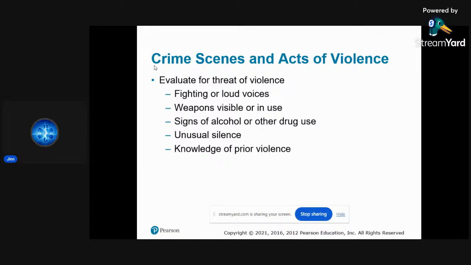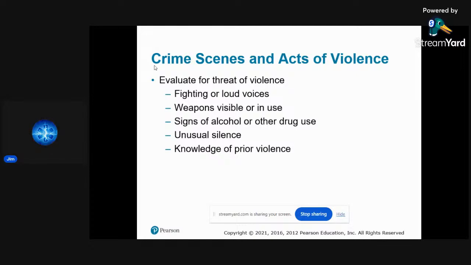Crime scenes and active violence. We're going to evaluate for threats, right? Like fighting. If we see people fighting, that's a threat of violence, or they're arguing, screaming at each other, loud voices. We see weapons, or they're in use, like guns or knives, bats. Just about anything can be a weapon, actually. Signs of alcohol or other drug use could be a threat of violence.